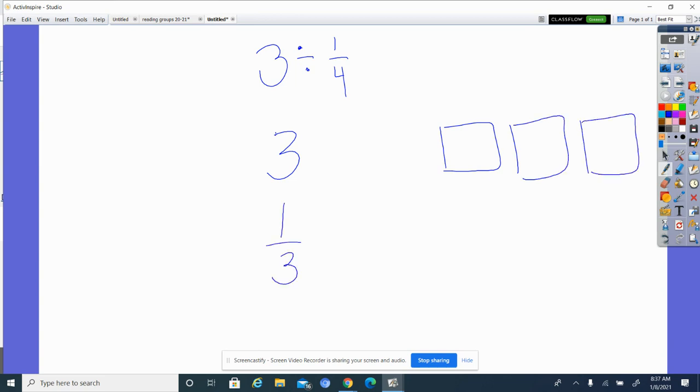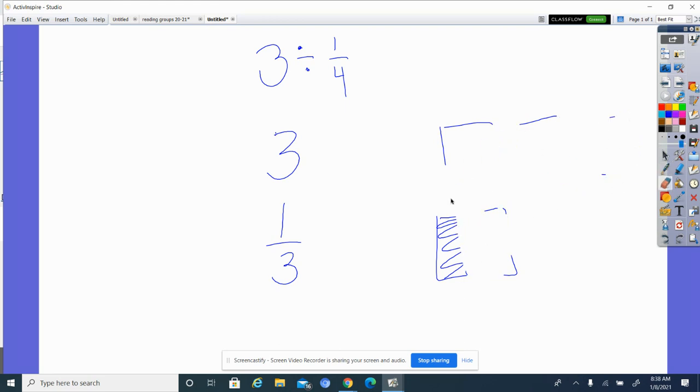I'd have this much instead of that much. We don't change the whole number. We do not change the first number. Okay, so we invert and multiply.